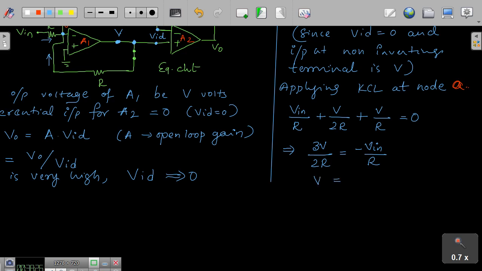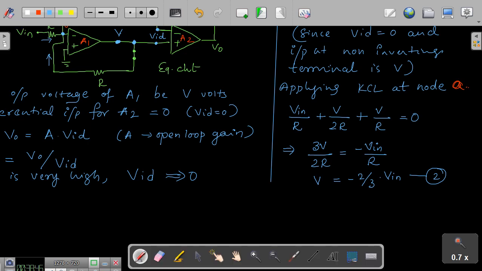Or your V is equal to minus 2 by 3 into V in. Let me call this equation number 2. Please check whether you are having the correct answer or not.